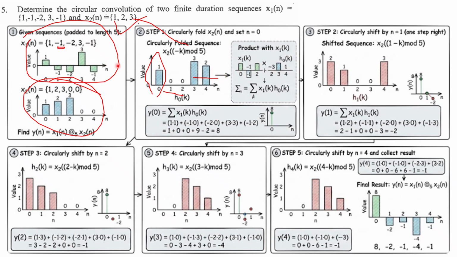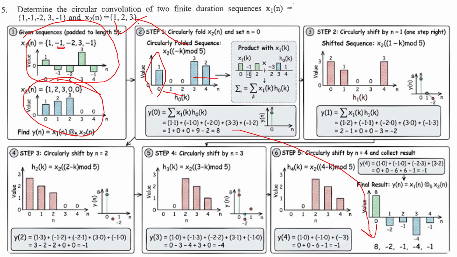Similarly, you have to repeat all these steps 5 times, because 5 inputs are there. So 5 times you will add, then finally you will get the output 8, minus 2, minus 1 at each step. So this 8 is step 1 that we have discussed here.